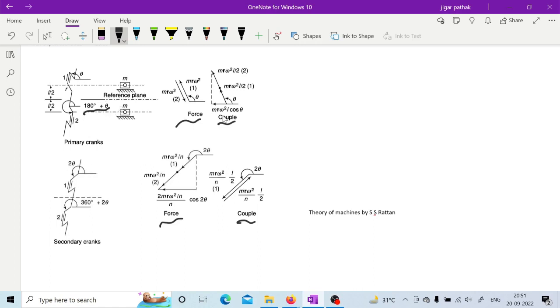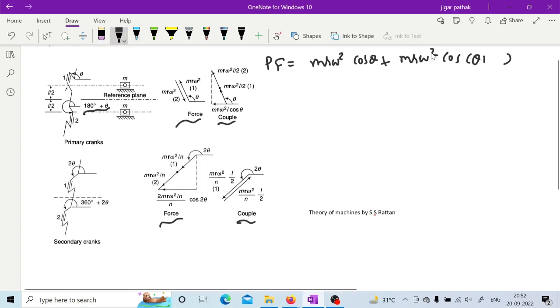For the primary force of the inline two-cylinder engine, it is MR omega square cos theta for crank 1. For crank 2 it is MR omega square cos theta plus 180.